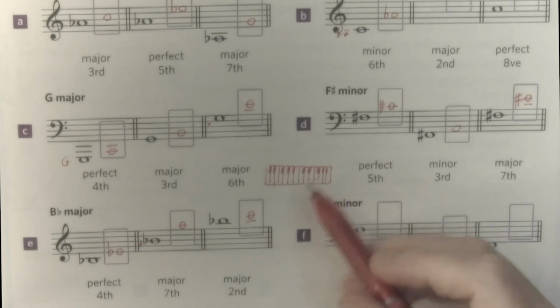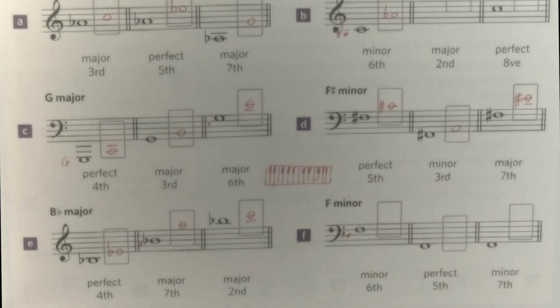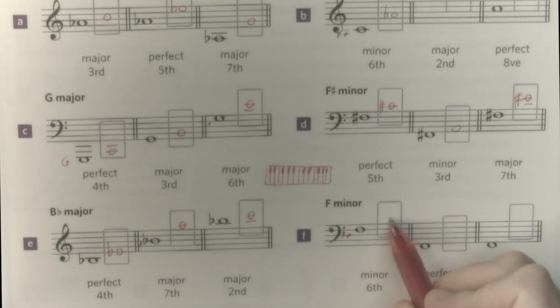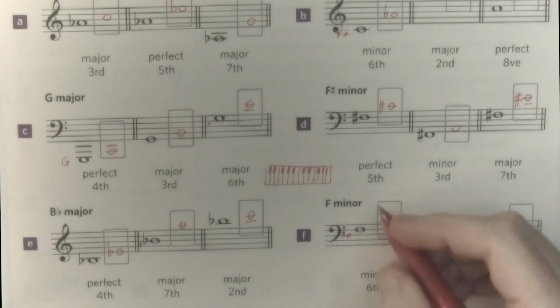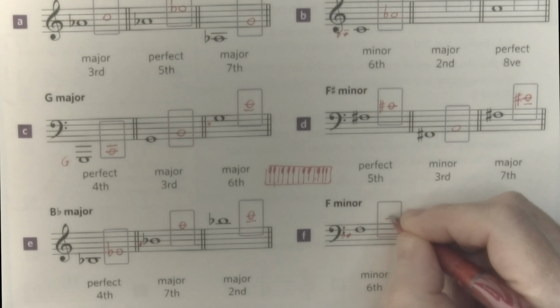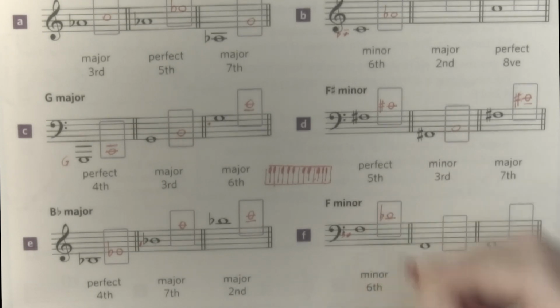We have to make it major, so we need a flat here. If we flip over re flat and we put it up here, we make it a minor 6. So this is do, re is just above, and we need a flat.